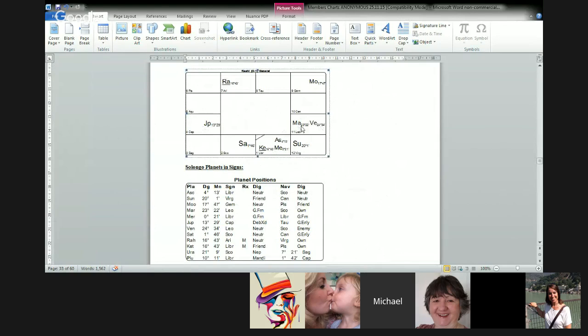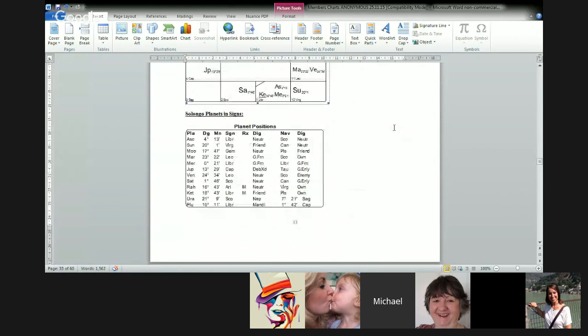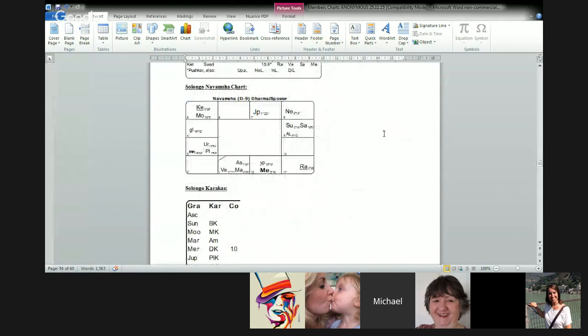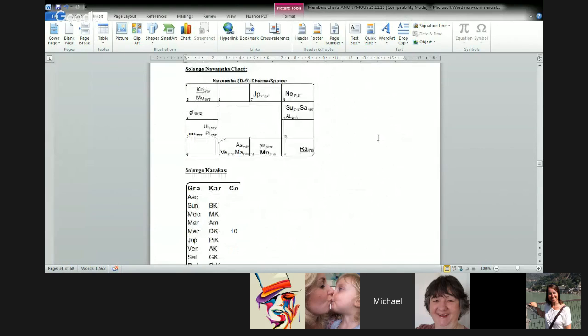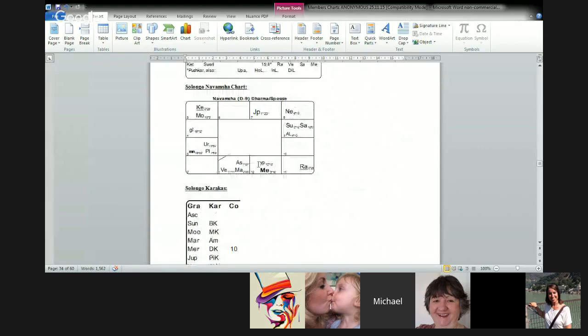And Solongo has Mars conjunct Venus, like I have in my Navamsha. Venus is Solongo's Atma Karaka, so her Ishta Devita would be worked out from Libra.